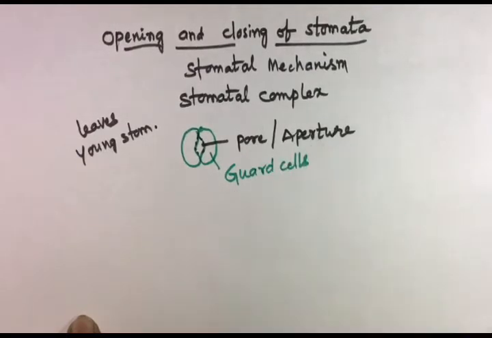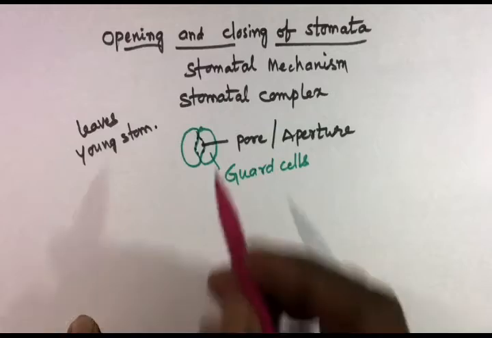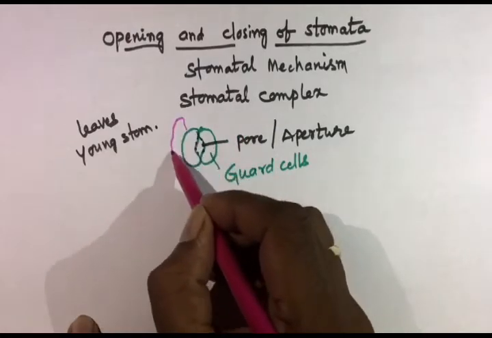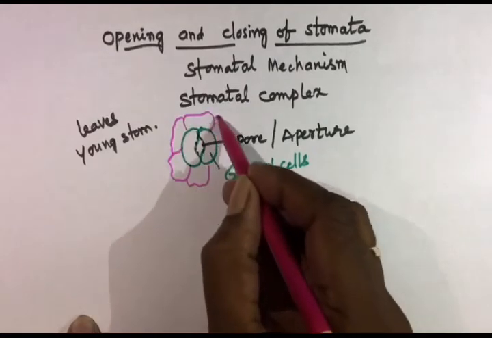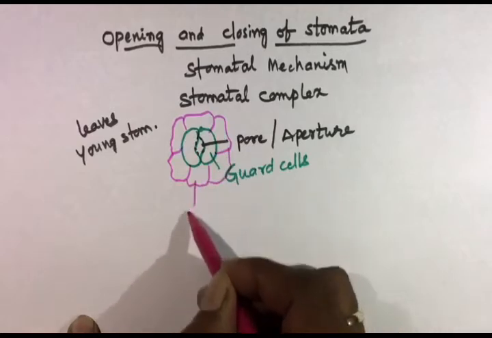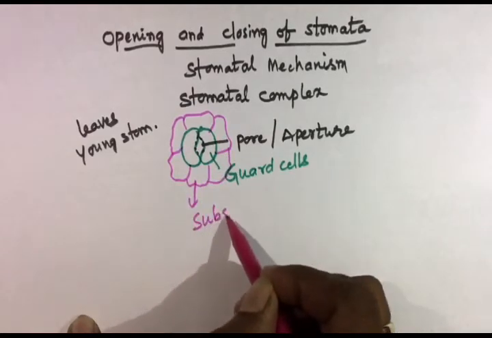These guard cells are again surrounded by epidermal cells, which are called subsidiary cells.